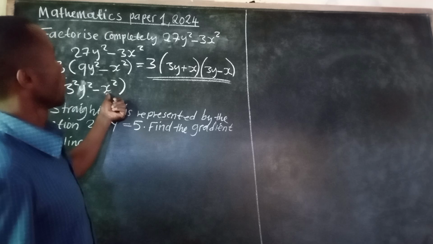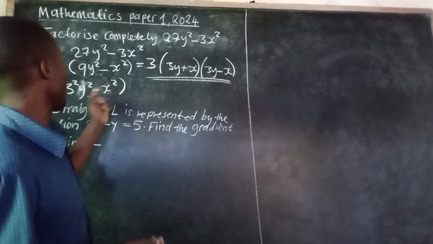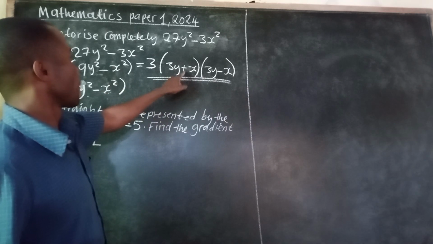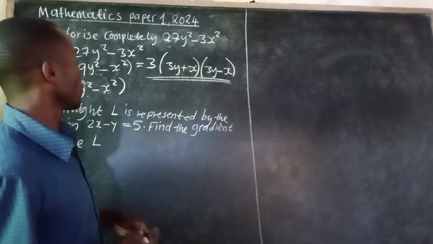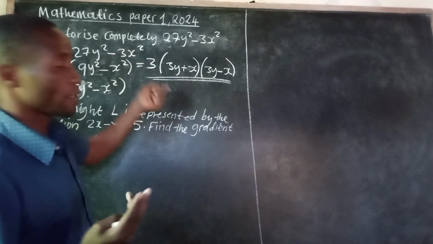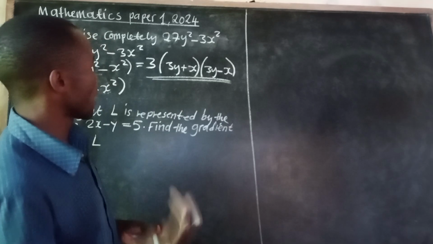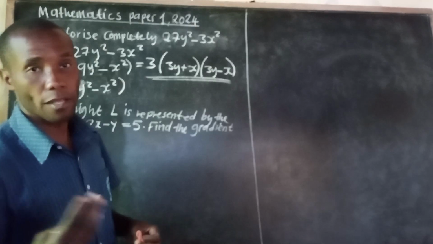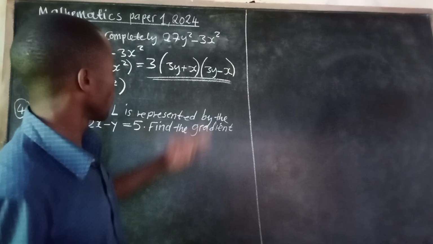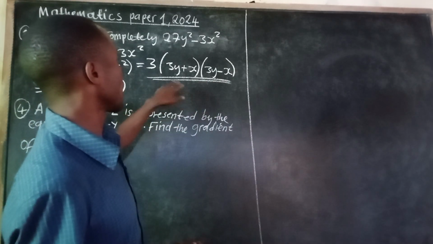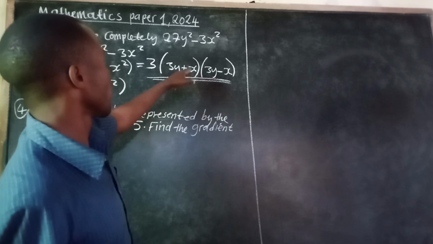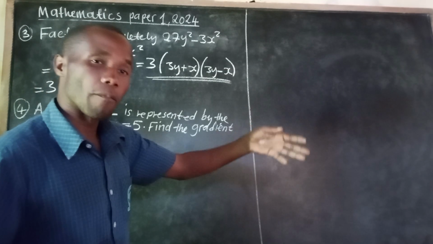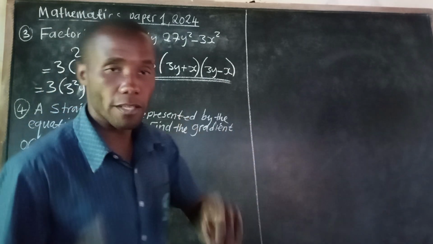When doing that, you should bear in mind that the signs should be two: the first one plus, the other one minus, or vice versa. It is one and the same. When I say vice versa, you can either start with 3y minus x, then close and open, then say 3y plus x. It is the same.